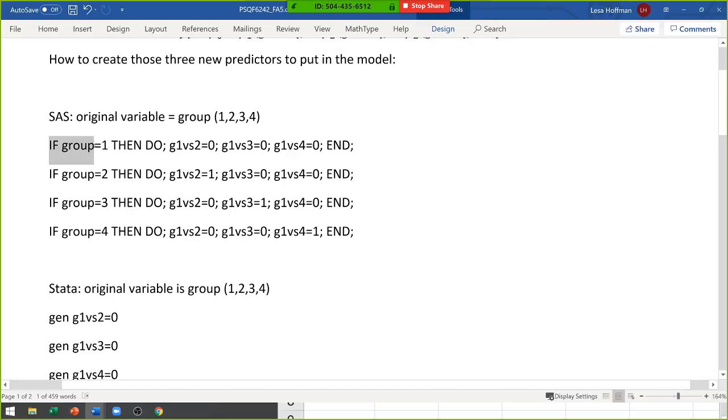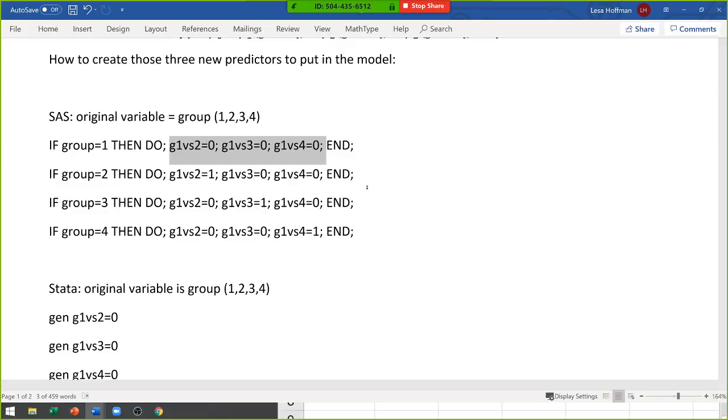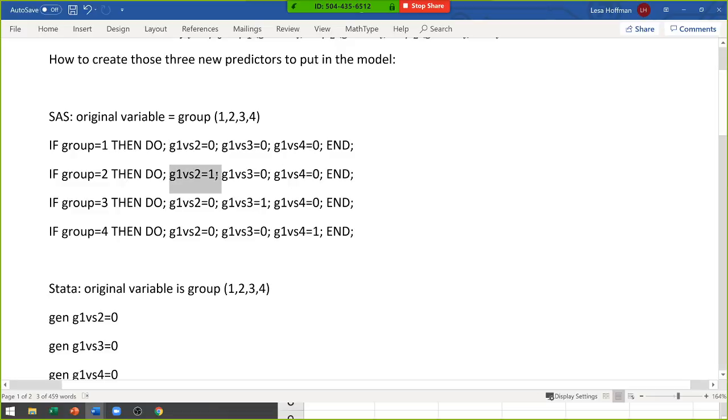If original group is 1, then this is the pattern of values that the new variables take on. Because group 1 is the control group, which is supposed to be the model reference, all of the predictors have to be set to 0 for that to work. For each successive group after 1, each of the contrasts turns on corresponding to which group it is.